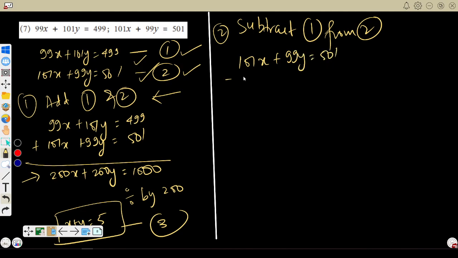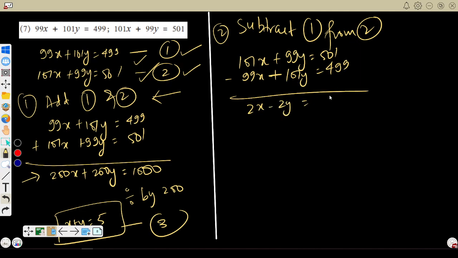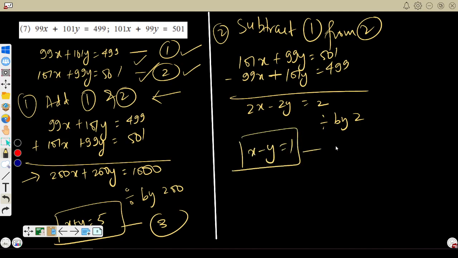I subtract equation 1 from this, that is 99x plus 101y is equal to 499. If you subtract this, 101 minus 99 will give you plus 2x, 99 minus 101 is minus 2y, is equal to 501 minus 499 is plus 2. Again, we can divide this equation by 2 to simplify this. So the equation will be x minus y is equal to 1. I mark this equation number 4.